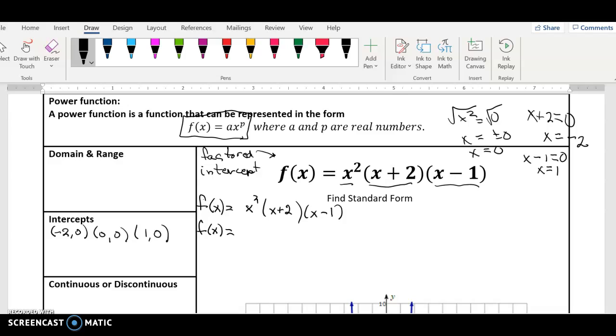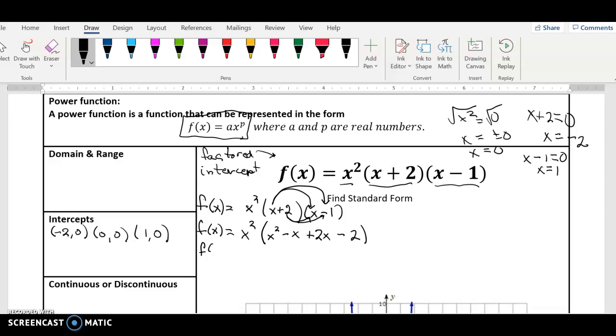I'll multiply everything by x squared at the very end. So I'm going to FOIL. X times x is x squared. X times negative 1 is negative 1x, or negative x. 2 times x is positive 2x, and 2 times negative 1 is negative 2.